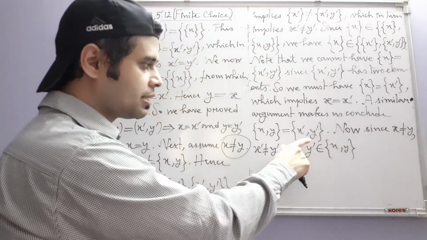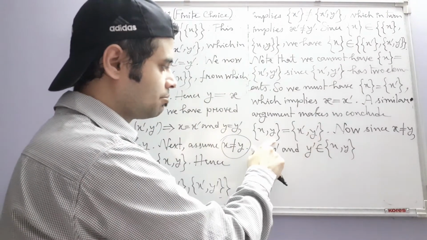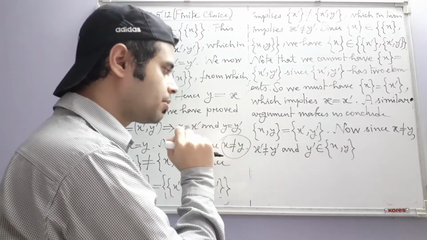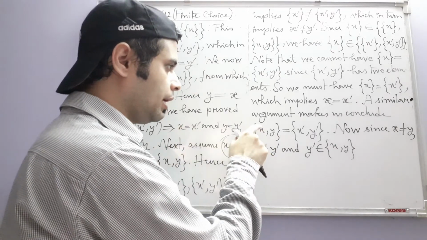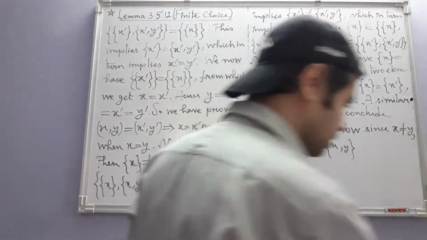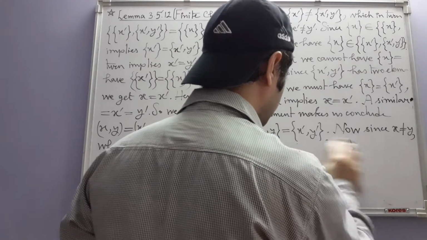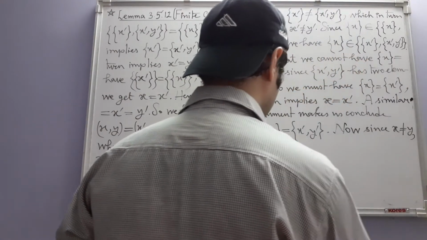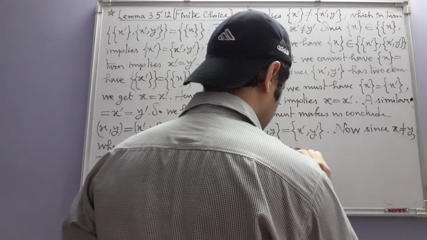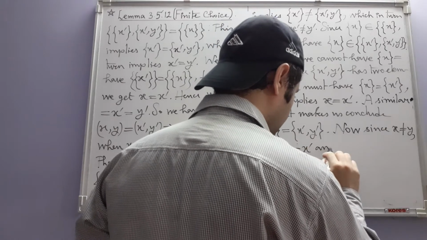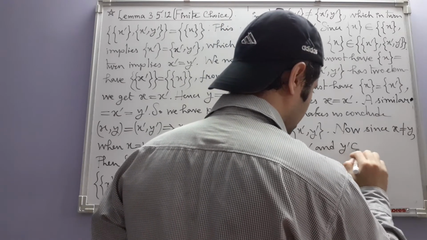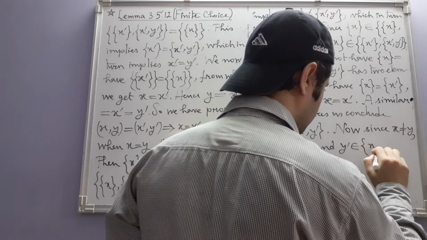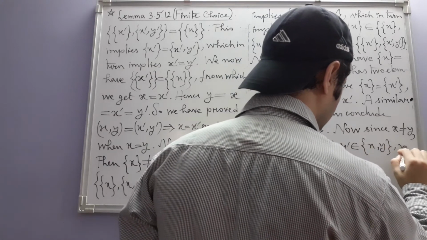See, y prime is an element in this set, so y prime must also be here, but y prime cannot be equal to x. Okay, I must mention one more thing. X is equal to x prime and y prime belongs to x comma y.